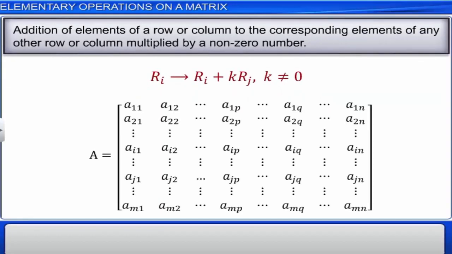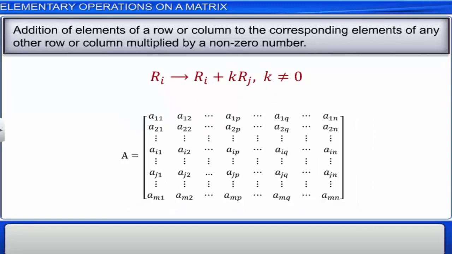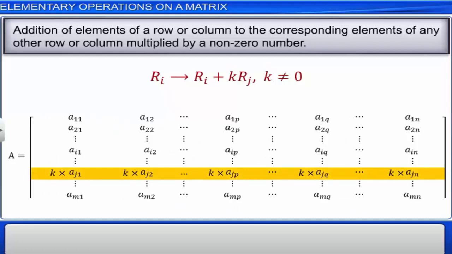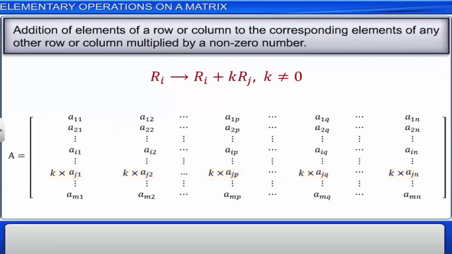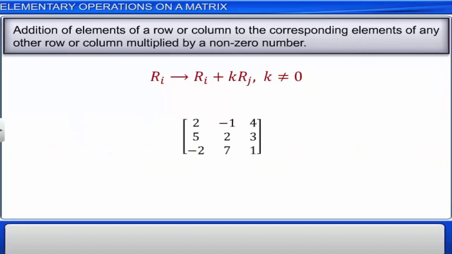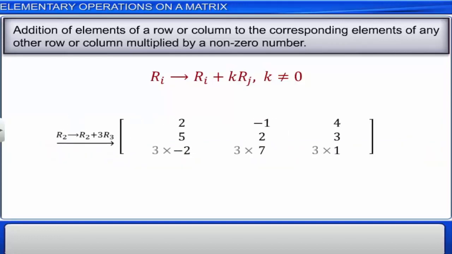Let's see how it performs over matrix A shown here. First, we will multiply the jth row with the non-zero constant k. Then we add these elements to the corresponding elements in the ith row. Let's see an example. Here, we have replaced the second row of the matrix according to the operation.